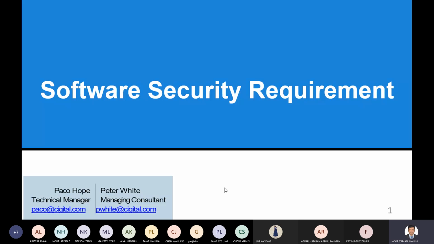If the client fails to provide the software requirements, we are not discussing security at this moment, we are just discussing software requirements, and then we will link with security. If the client is not able to provide the right requirements, then the developer will fail to come up with the right product expected by the client.